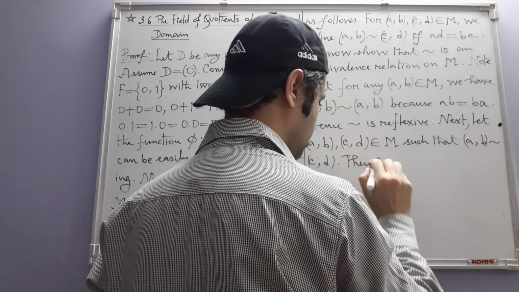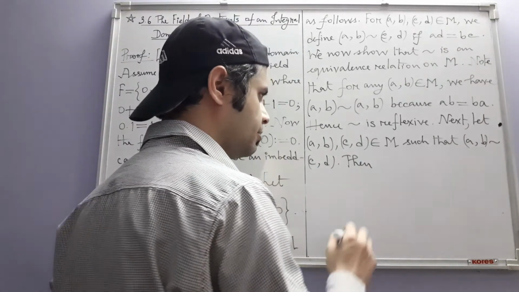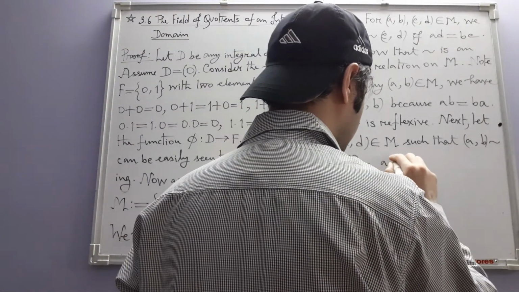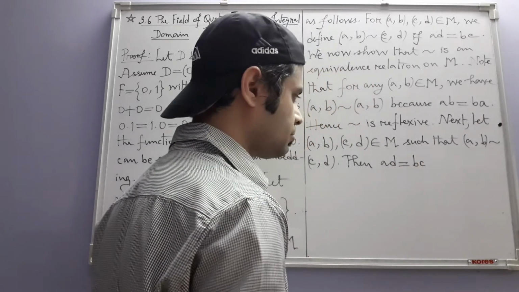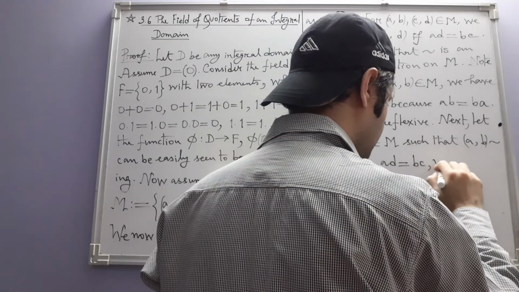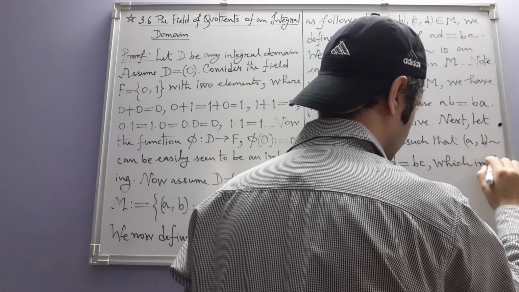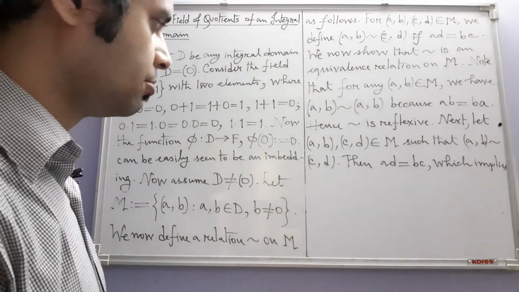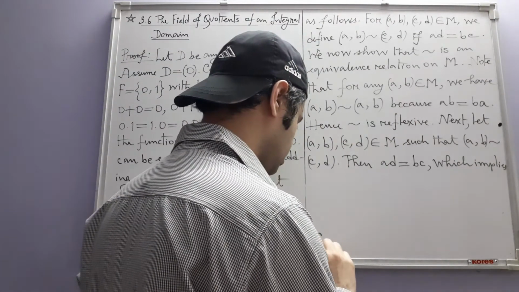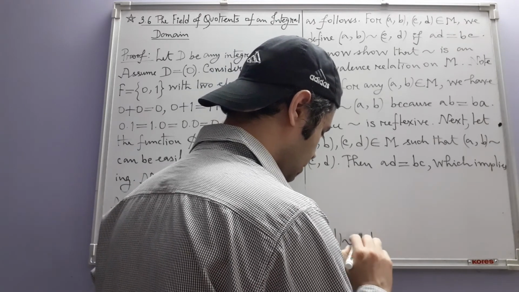Then according to the definition of this relation, AD is equal to BC, which implies, what do we need actually to have (C, D) also related to (A, B)?